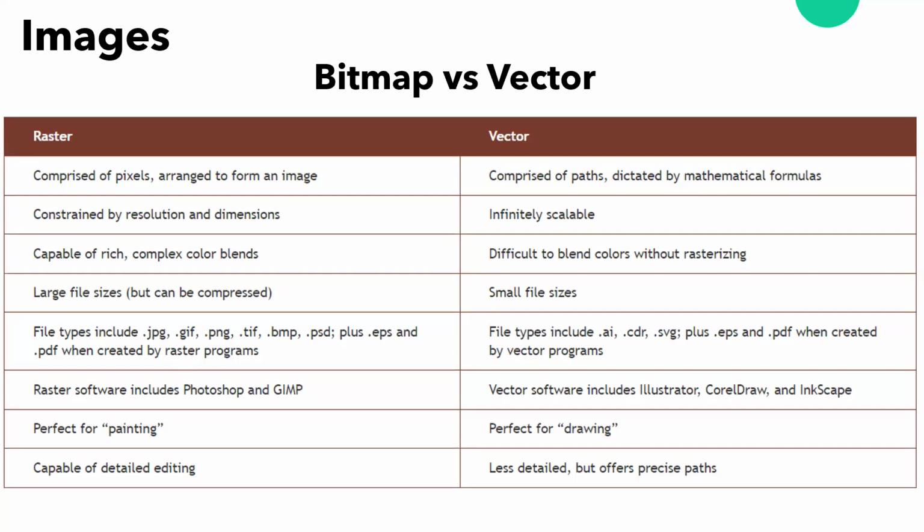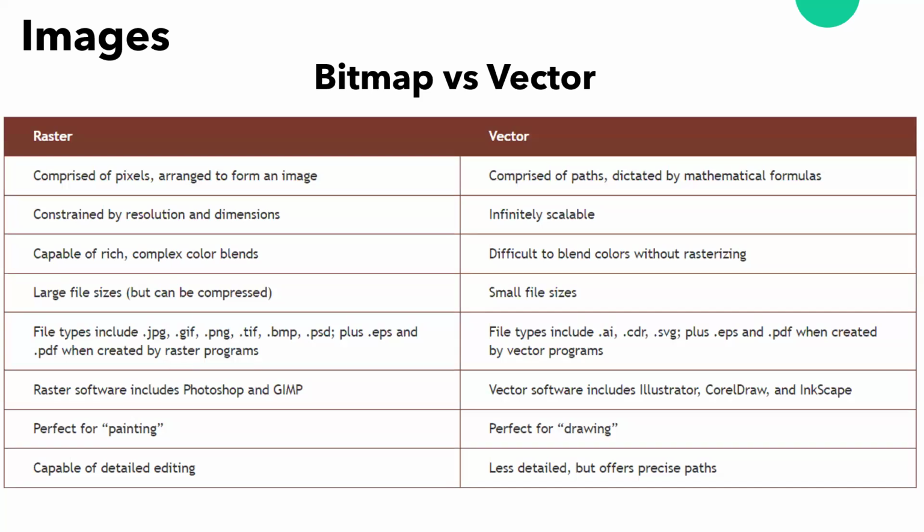Some of the files under raster, you see .jpeg, JPG, GIF, PNG, TIF, BMP, which is bitmap, PSD, which is Photoshop Document. PS means Photoshop, D means document. Then EPS. So these are some of the file extensions.